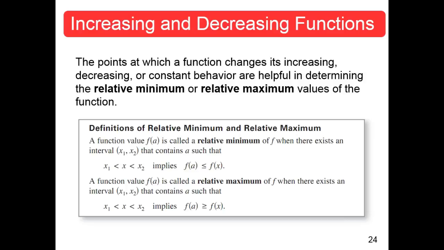Than all, okay? So what that means is, if your function is like this, it's the minimum if all the rest of the values are greater than that value. In other words, this value is less than all of these.